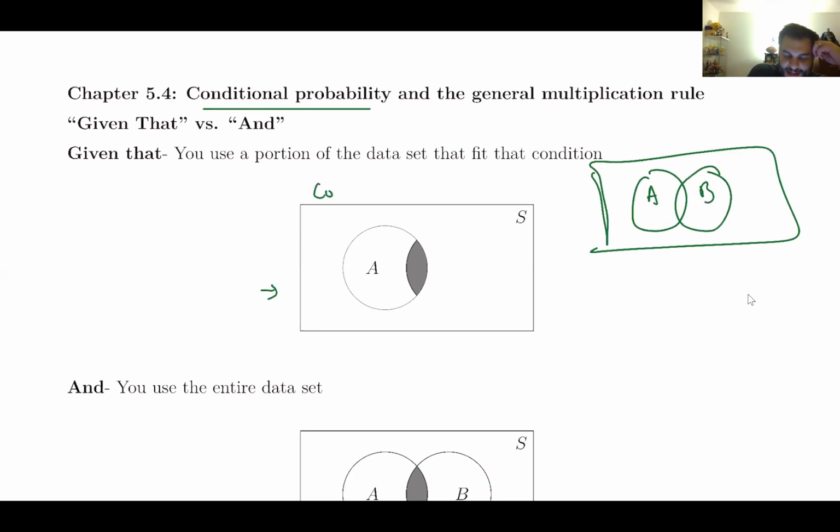But for this one, the condition is that it's an A event. So instead of using A and B, we're only using the condition of A because we only want to focus on people or objects that meet condition A. So anytime we're doing conditional probability, or anytime it says "given that," it means we have a condition and we're only going to use the objects or the people that meet that certain condition. Right. So that's conditional. Everybody good with conditional?